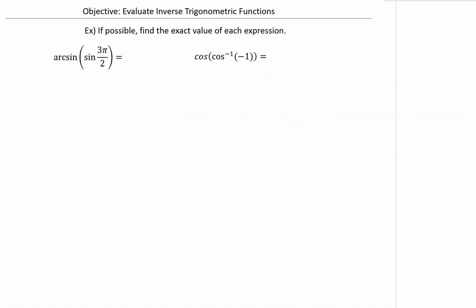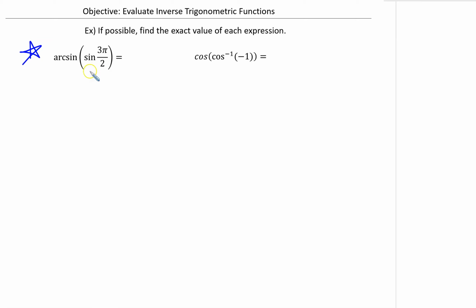In these problems, they're a little more complex, involving our inverse trig functions, but also often involving a sine, cosine, or tangent function as well. So for example, looking at this problem, here we have arcsine of sine of 3 pi halves.